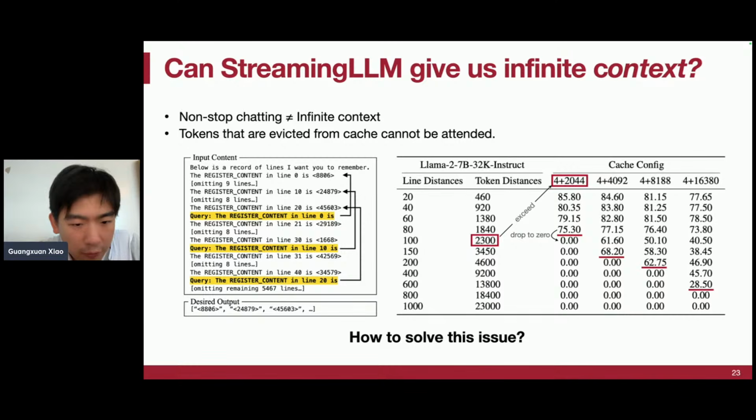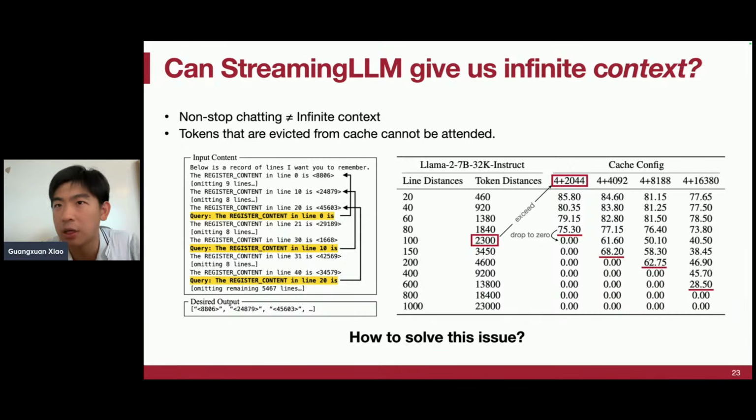If the token distance is beyond 2048, we see all 0 accuracy, which means that anything evicted from the cache can no longer be retrieved. So StreamingLLM doesn't give you infinite memory, but it gives you very stable performance over very long input, and the model can always attend to the things happening locally, but it cannot remember things evicted.